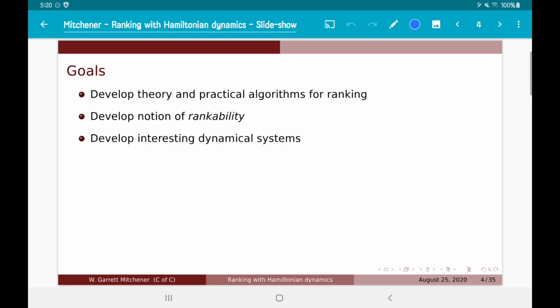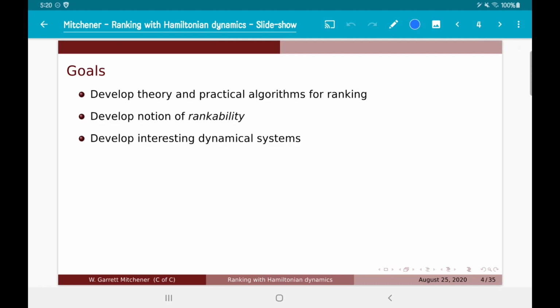That is, given this data and given that an algorithm has produced a particular linear ordering, how confident am I of that ordering? How useful is it for producing predictions? Do I believe the ordering? And is there a way to tell ahead of time that this set of data is going to yield good rankings, or is this data going to be problematic?